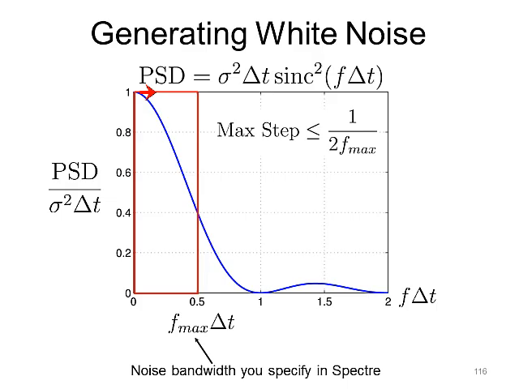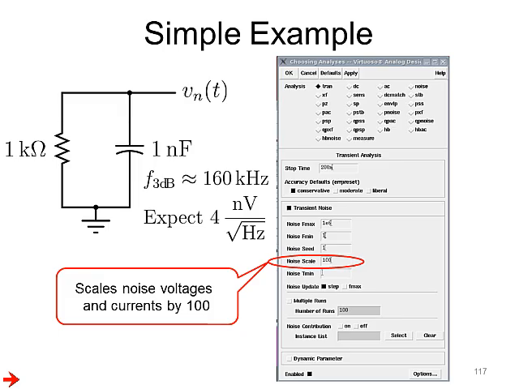This is immediately telling you that in order to be able to use transient analysis properly, you need to be able to simulate at very small time steps, and that results in very large simulation times. As an example, this is a toy circuit with 1 kilo ohm and 1 nanofarad, and I'd like to run transient noise analysis to check the output spectrum.